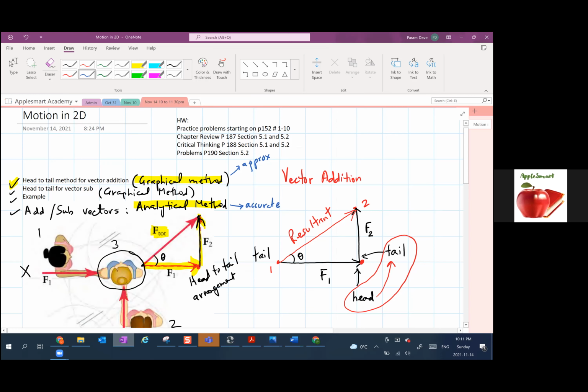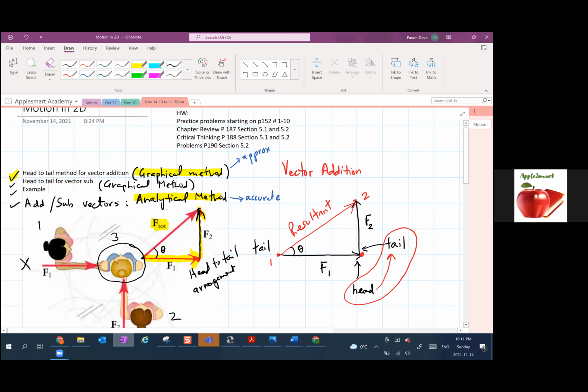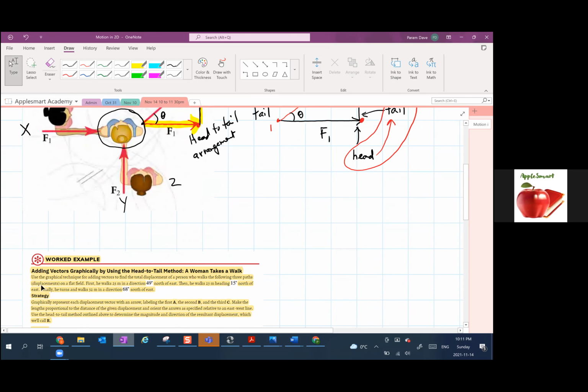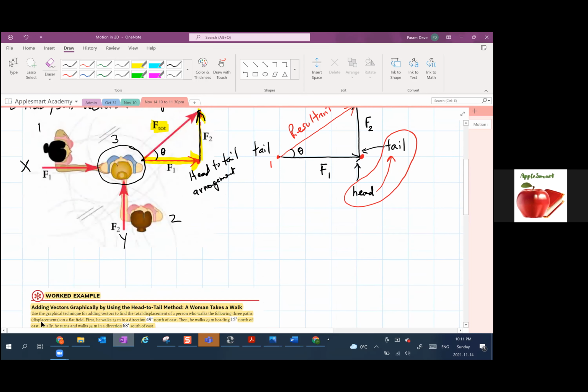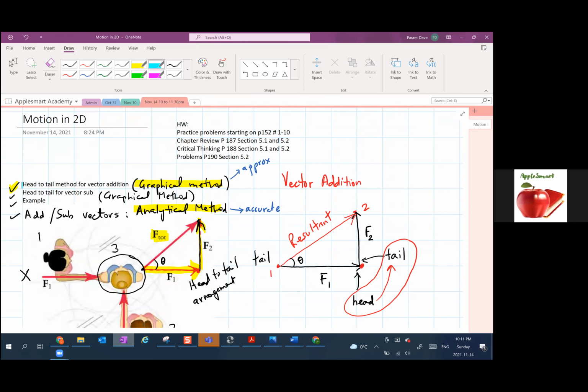So we are going to be putting more focus on the analytical method, not so much the graphical method, but you still need to know what the graphical method is. So we're still going to do it, but we'll be spending more time on the analytical method. Right now we're only talking about vector addition, so we're working on this part of our plan for today.